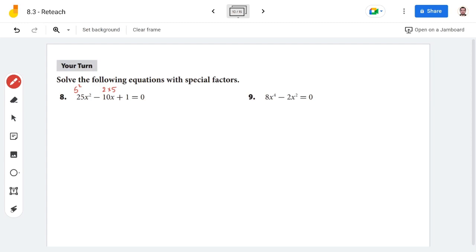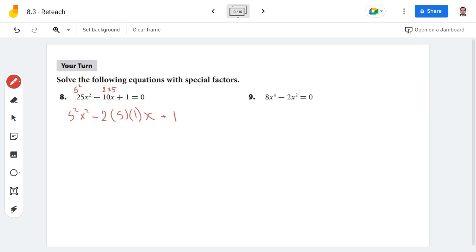It will now be 5 squared x squared minus 2 multiplied by 5 multiplied by 1x, plus 1.